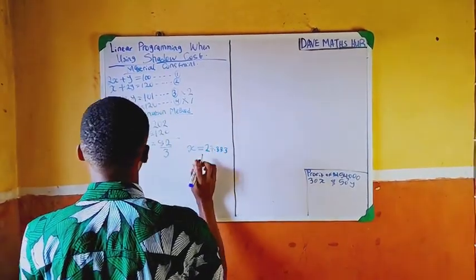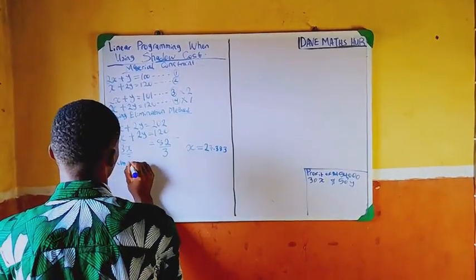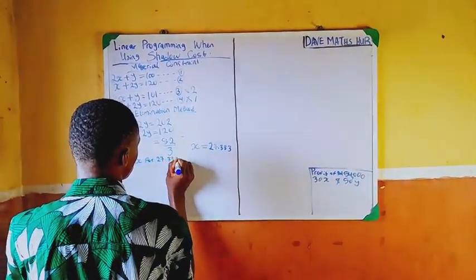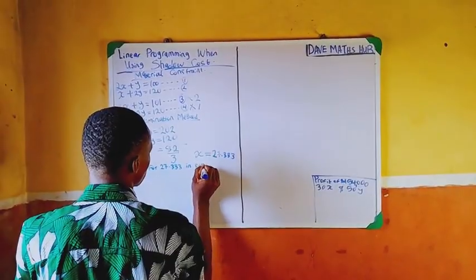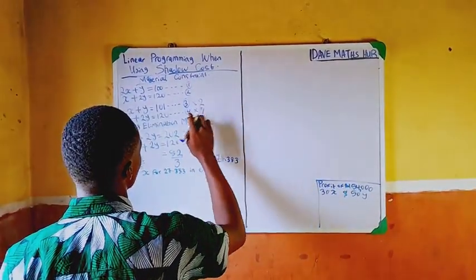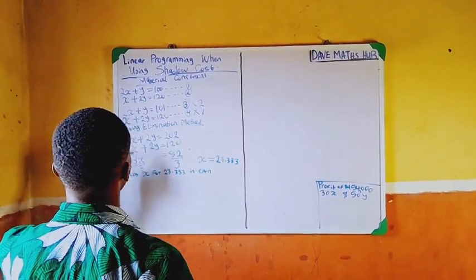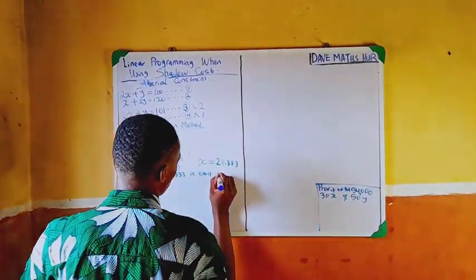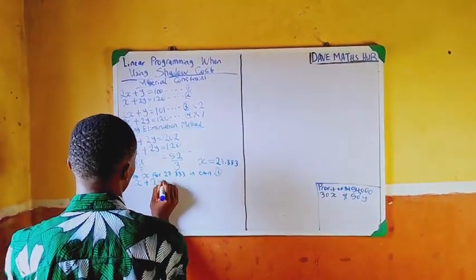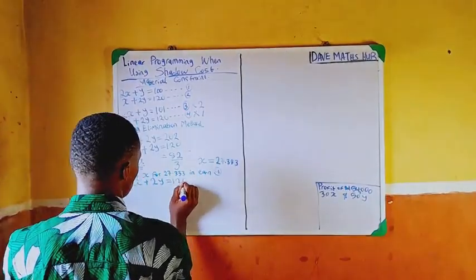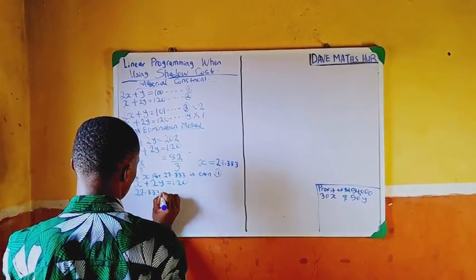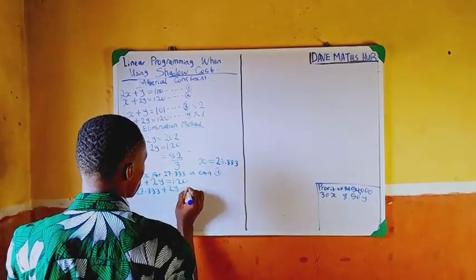27.333. Now substitute x for 27.333 in the equation. When we are to substitute, we'll not use the former ones, we'll use the new ones because of the additional 1 unit. So let's go with equation 4, which says x plus 2y equals 120. Now our x has become 27.333 plus 2y equals 120.